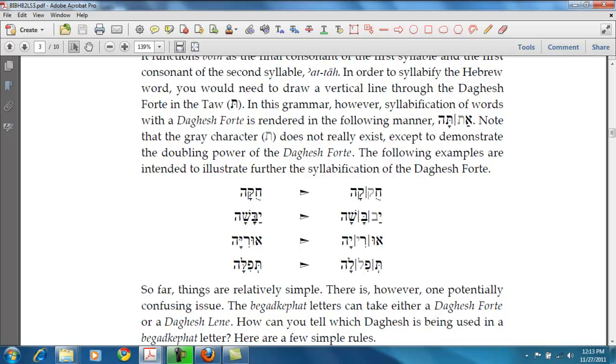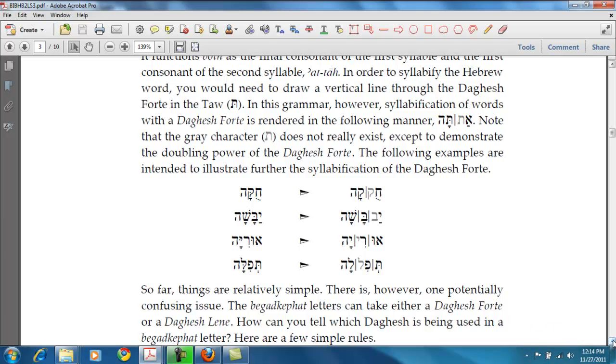If it is, then it's a dagesh forte. It's a doubling dagesh. It's pretty simple. You just ask yourself a couple of questions. That's all you have to do. Is it a begadkefat letter? If it is, is there a vowel preceding it? If it's not a begadkefat letter, then it's going to be automatically a doubling dagesh. Easy as that.